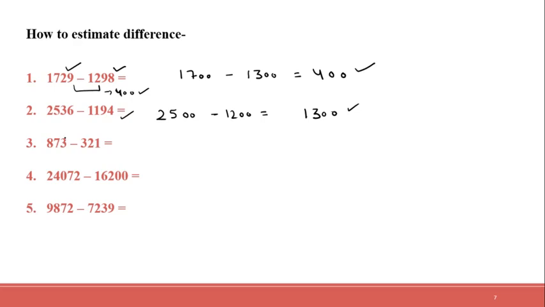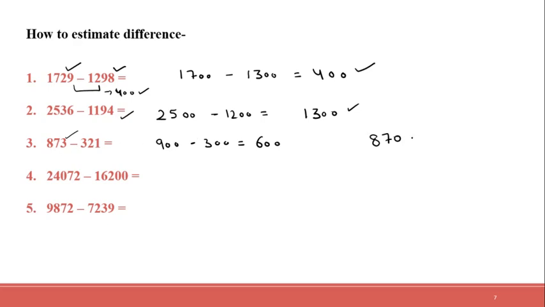Here if we do the rounding off to the nearest 100, then we will get 900 here and we'll get 300 here, and the answer will be 600, because 900 minus 300 will be 600, right? But if you wanted more precise, what else can we do? We can write it as 870. We can round it off to the nearest tens.